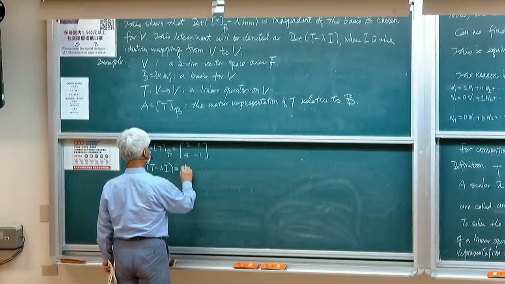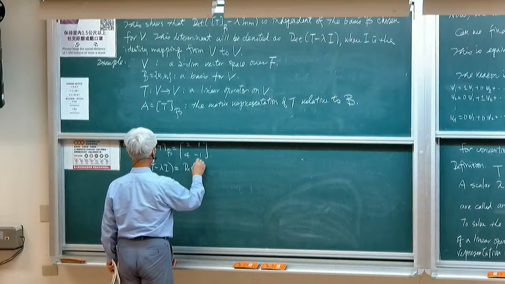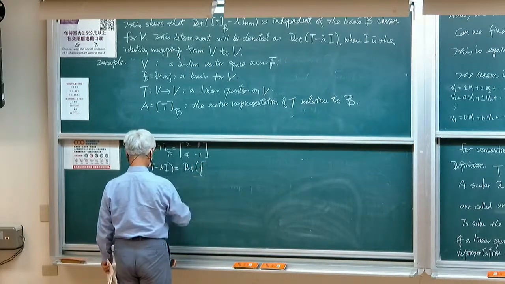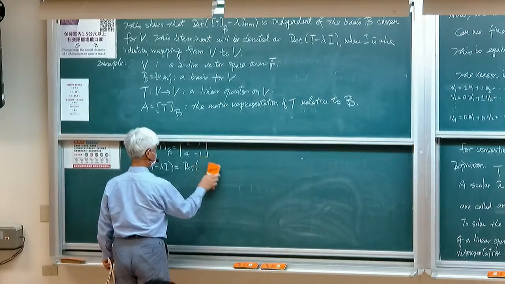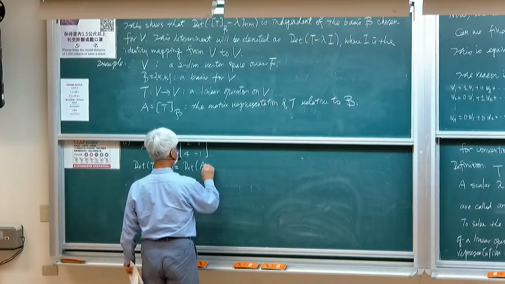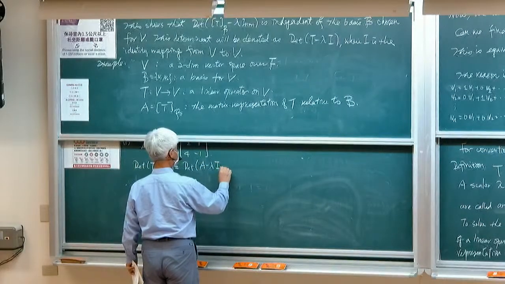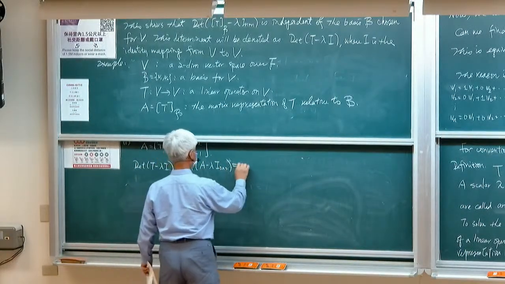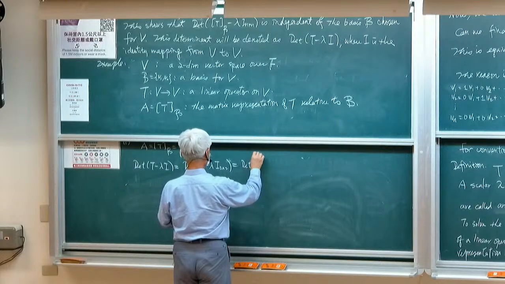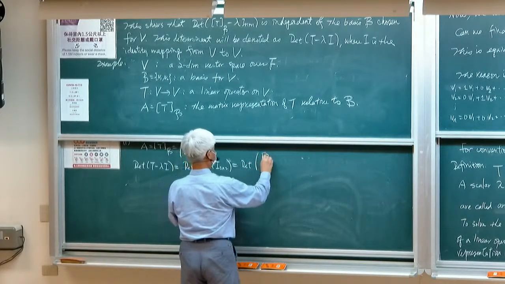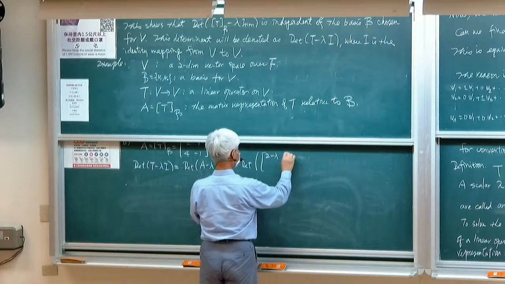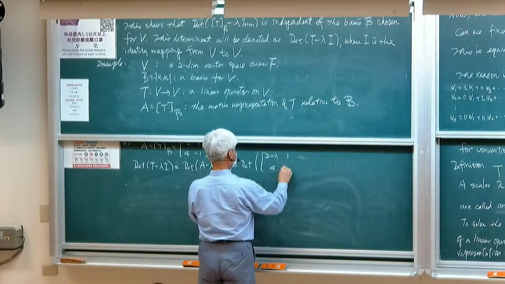So the determinant is the determinant of A minus lambda I 2 by 2. So this is the determinant of 2 minus lambda, 1, 4, minus 1 minus lambda.